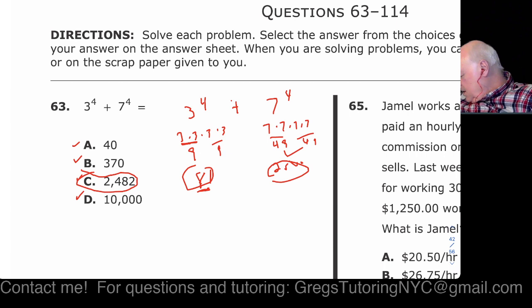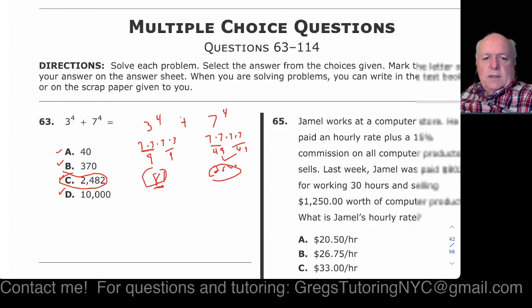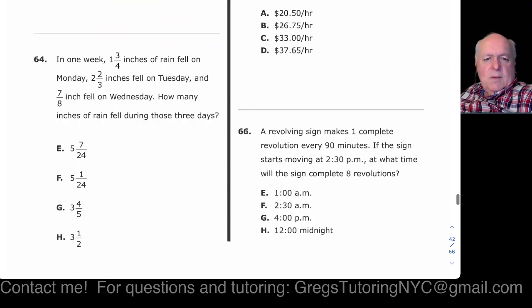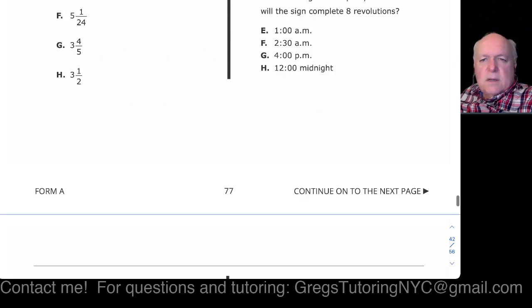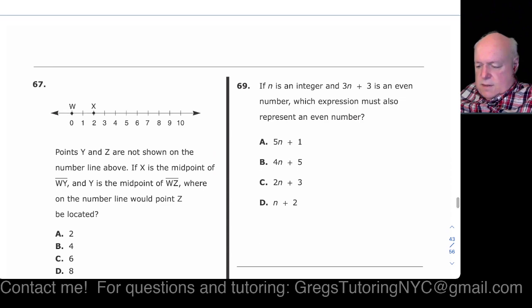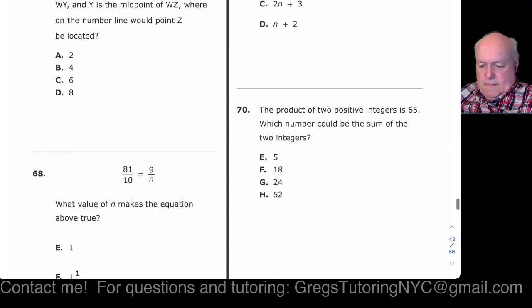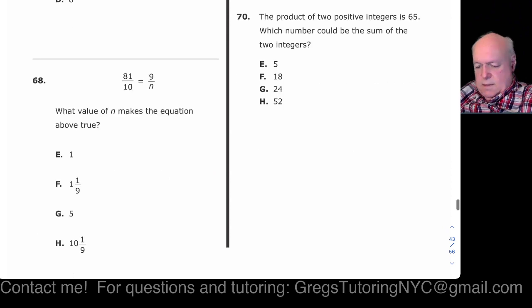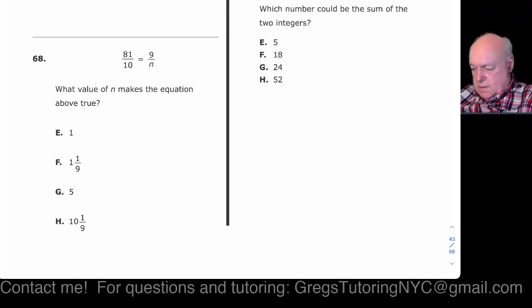That's 63, and then I believe I wrote down 77 here. This is from Form A. There are 2 from Form B, which I will spin off into their own video. So let's see here, 77. Let me try to find this on my paper copy.